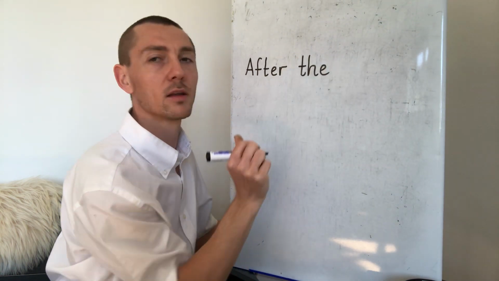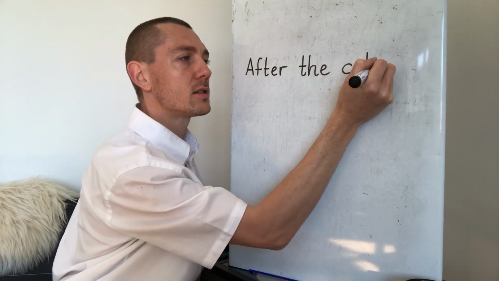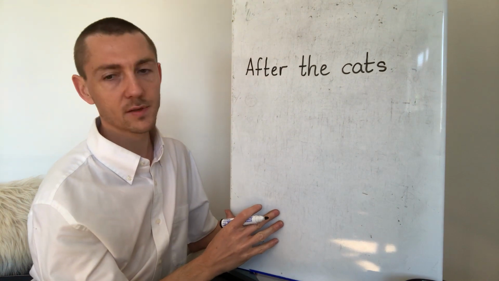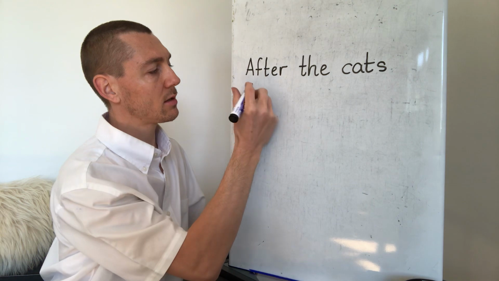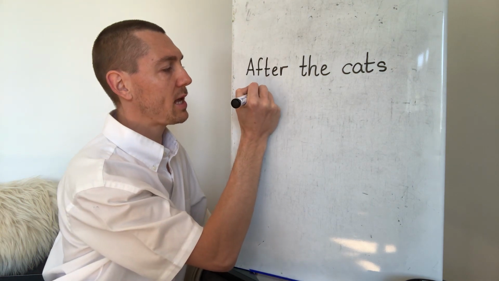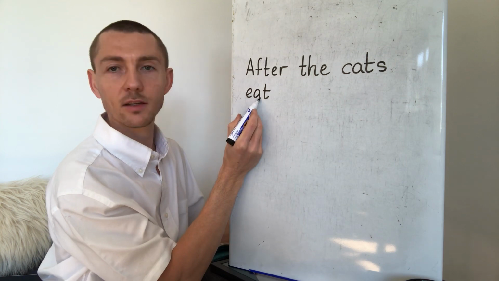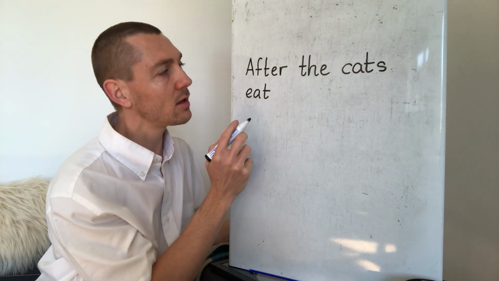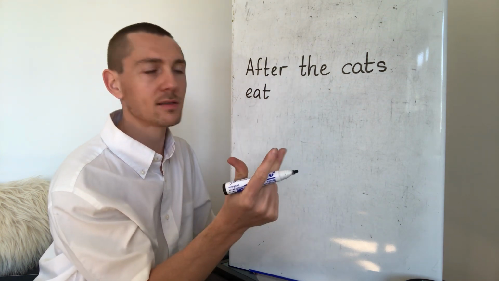The cats. After the cats eat. Eat. With the E-A spelling of E for eat. After the cats eat what? After the cats eat the raw meat.